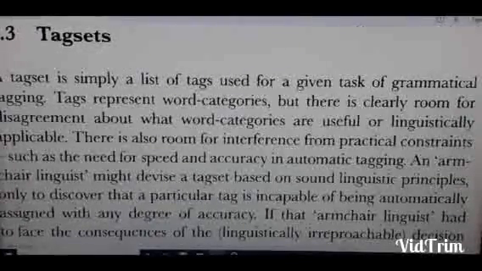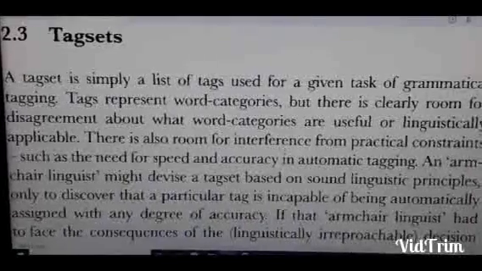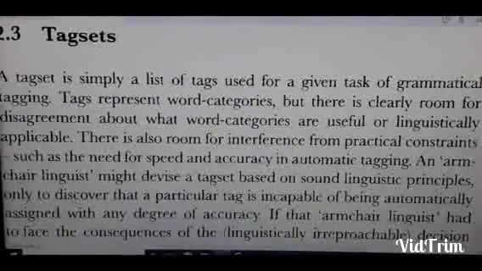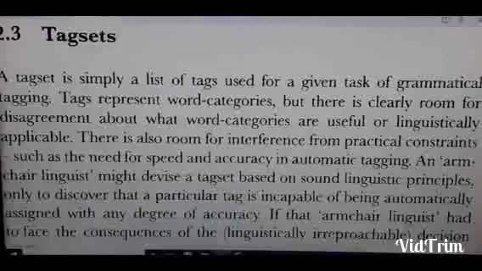2.3 Tag sets. A tag set is simply a list of tags used for a given task of grammatical tagging. Tags represent word categories, but there is clearly room for disagreement about what word categories are useful or linguistically applicable.